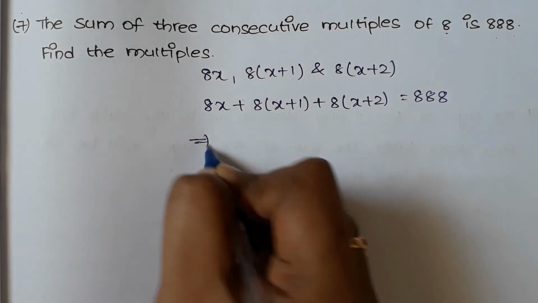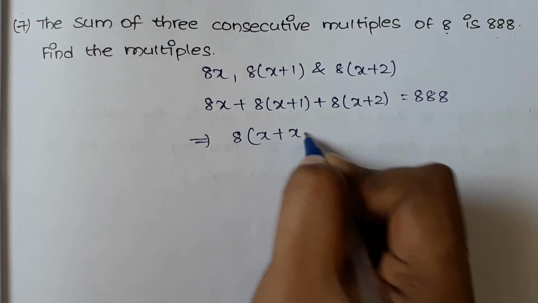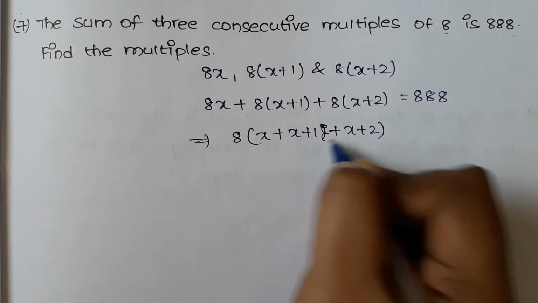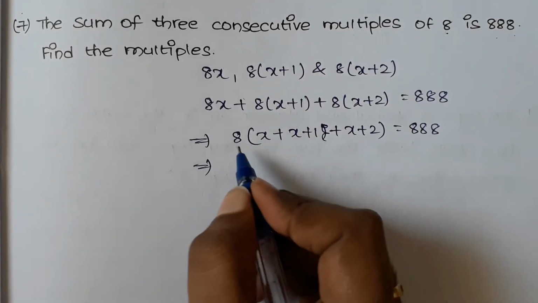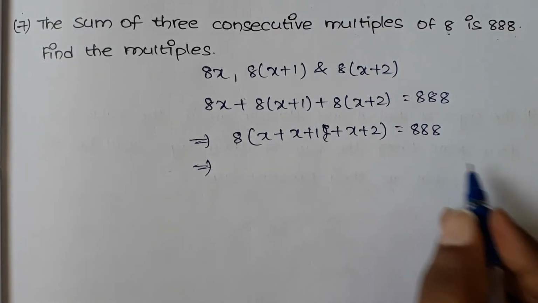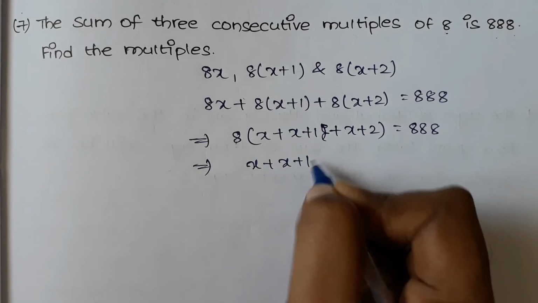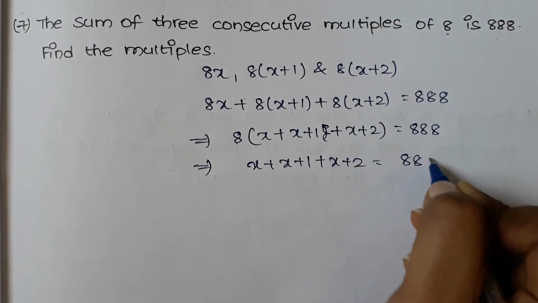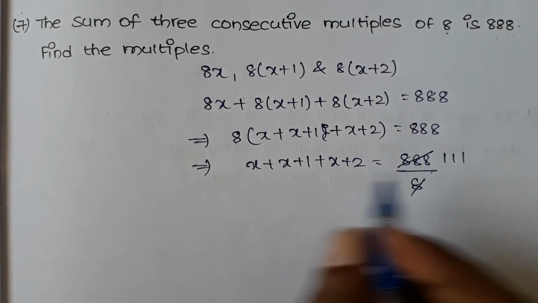And here we should take 8 common: x plus x plus 1 plus x plus 2 equals 888. And this 8 is taken to the RHS side, that is x plus x plus 1 plus x plus 2 equals 888 by 8, that is 111.